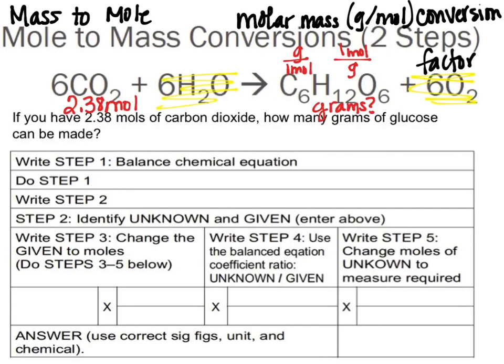Everything else, we can ignore. So the very first thing is I'm going to identify what we are going from and to. We're going from moles to grams. So anytime you go from moles to grams, your first conversion factor will be your mole ratio, and it's always going to be unknown over known.